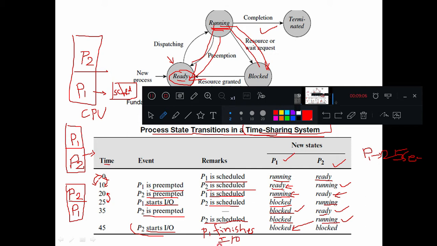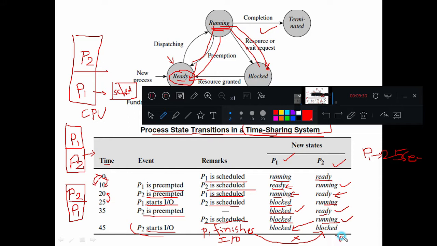If it has finished its IO operation, then it will be kept in a ready state, not a block state. In the book's table, it was given a dash. That means P1 has not yet finished the IO operation. But now what I am assuming is that P1 has finished its operation. So once it finishes, it will not enter a block state, right?